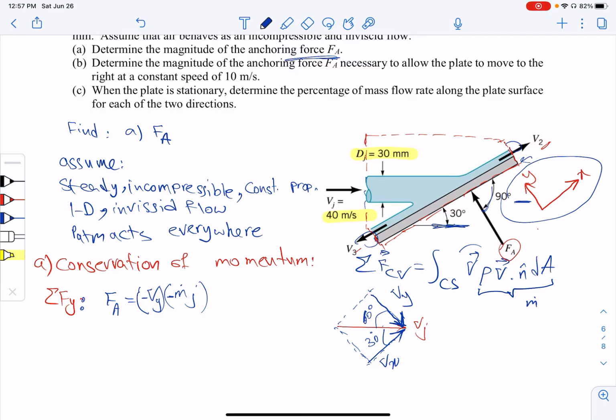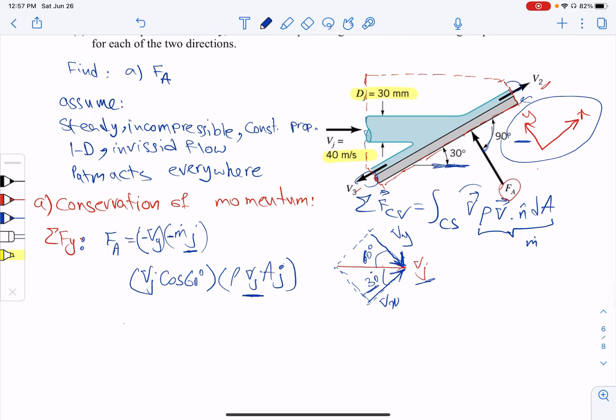But we don't know what is Vy, but we know Vj, and we know also the degree between them. So we can easily write it down. So Vy is Vj times cosine of 60 degree, right? And m dot j is rho Vj Aj. Remember, in m dot j I have Vj, not Vy. Remember that. So from here, I'm going to also write down all the values that I have.